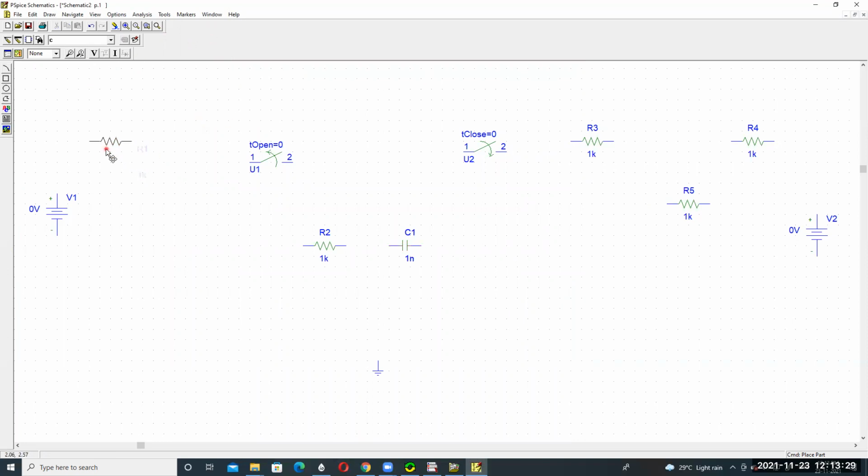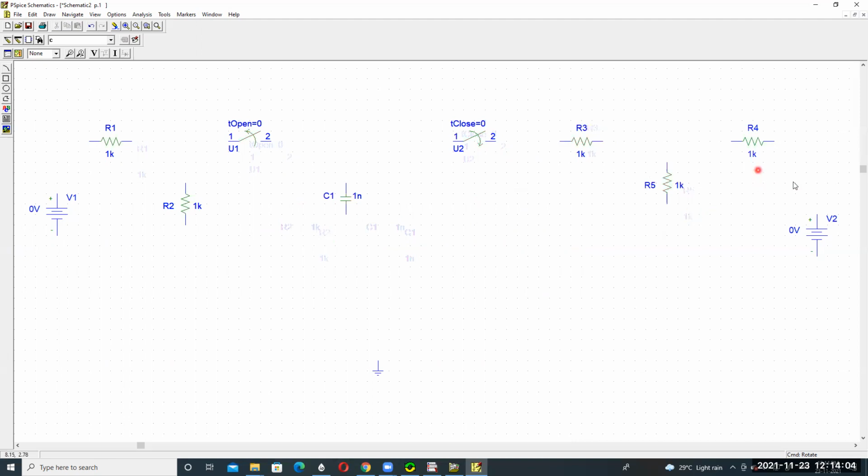Here adjust the switch positions according to our circuit. So this switch like this, and the capacitor in between the 2 switches. Then this is the switch open, and this is a resistor in a vertical position, and this VDC and the ground.